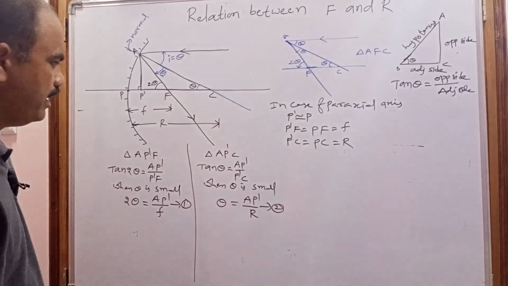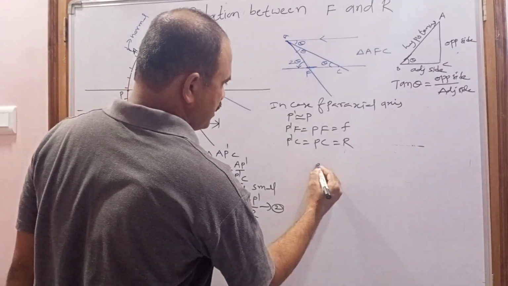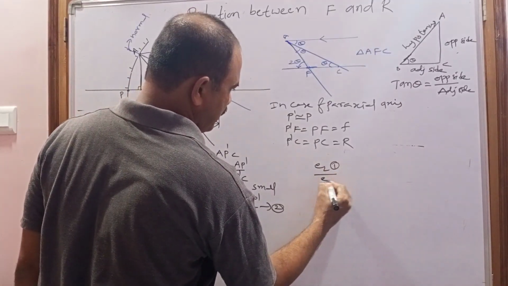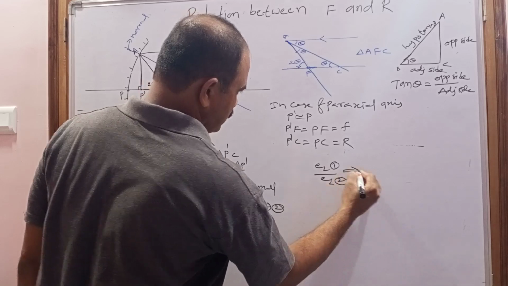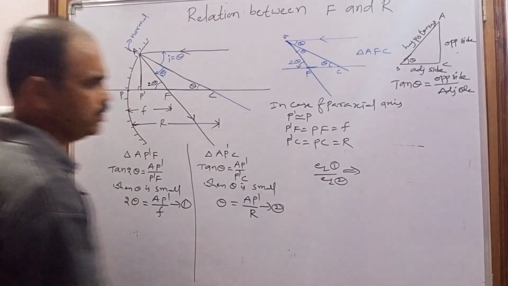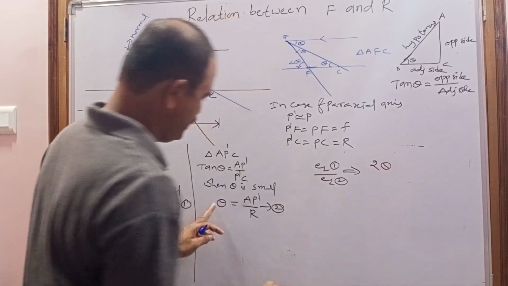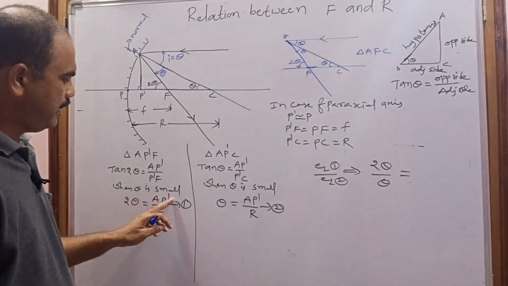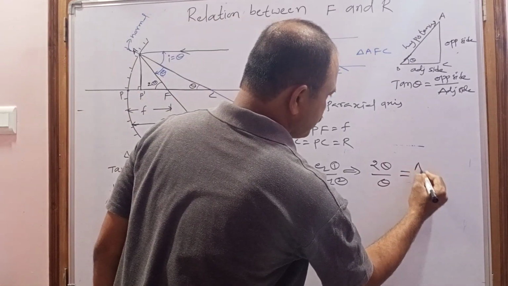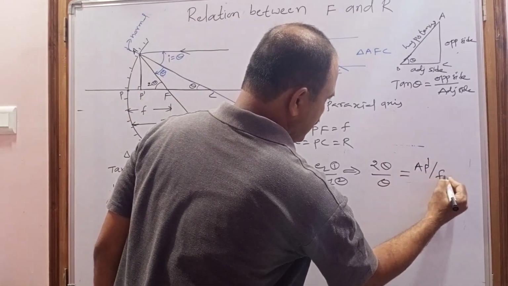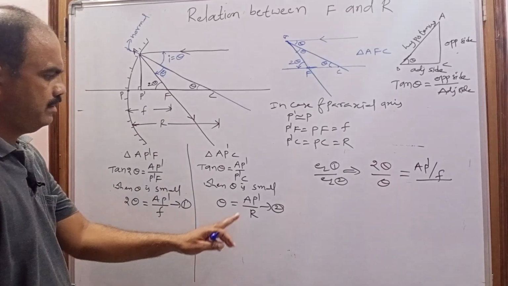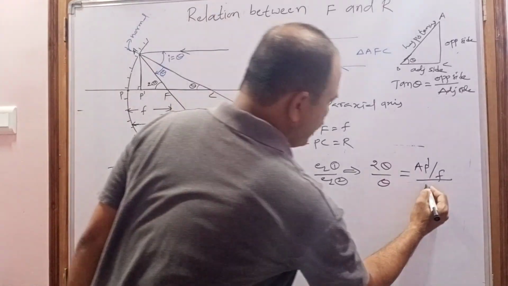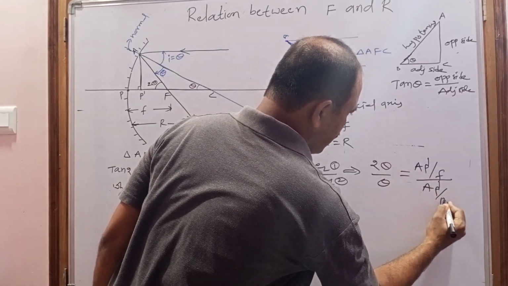From equation 1 and 2, when equation 1 is divided by equation 2, what do we get? 2 theta by theta on the left hand side. On the right hand side, a p dash by f divided by a p dash by r.